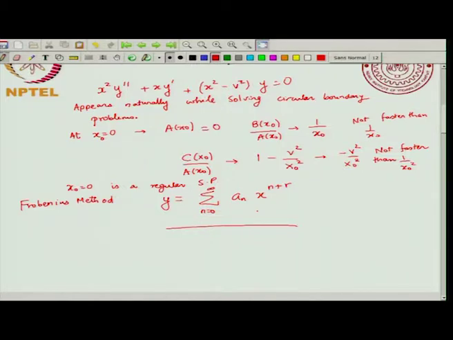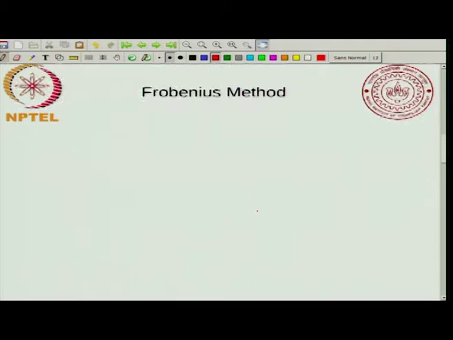Okay. So, let us look at the first derivative. So, y is equal to sum over n equal to 0 to infinity a n x raised to n plus r. Okay. Now, what about y prime is equal to sum over n equal to 0 to infinity a n into n plus r x raised to n plus r minus 1.